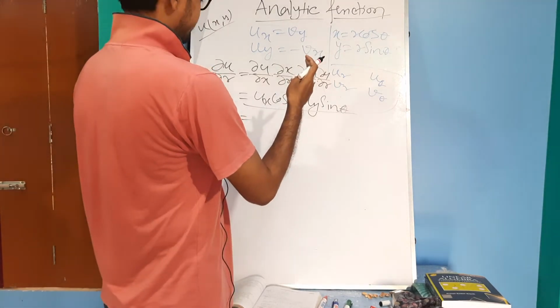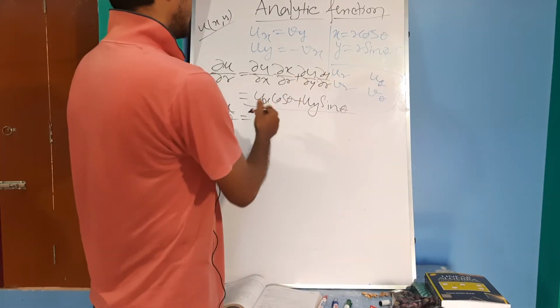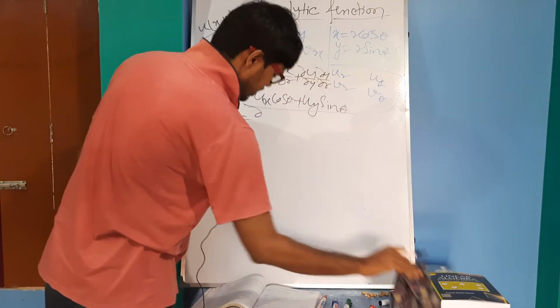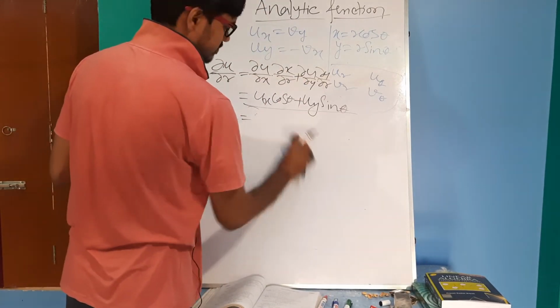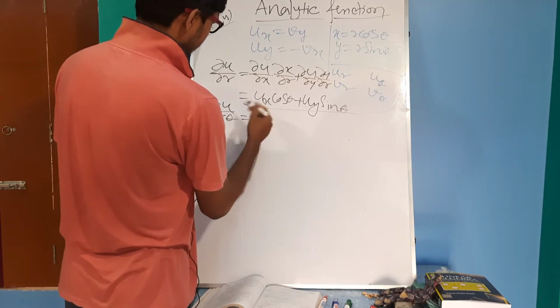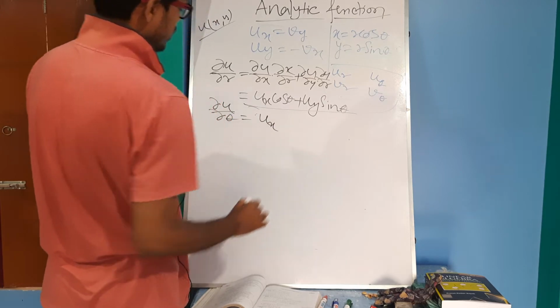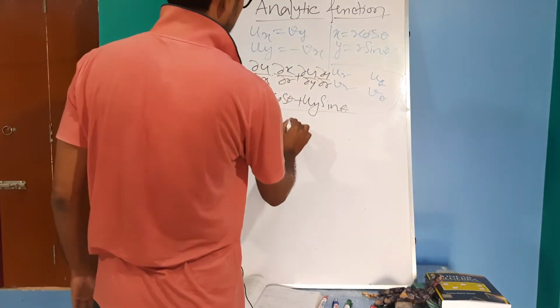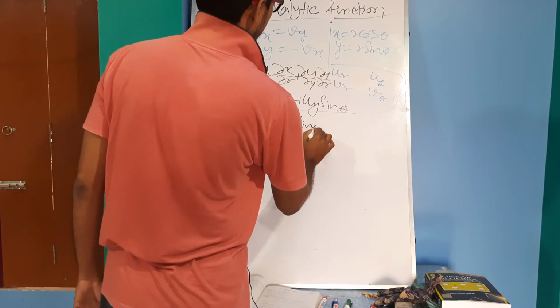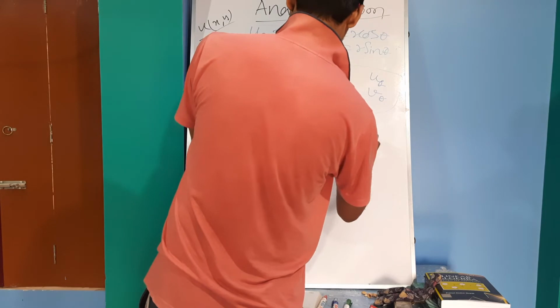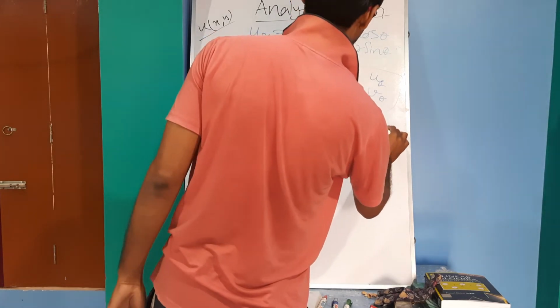Del u by del theta, with a similar approach: u_x into minus r sine theta, and similarly here u_y into r cos theta.